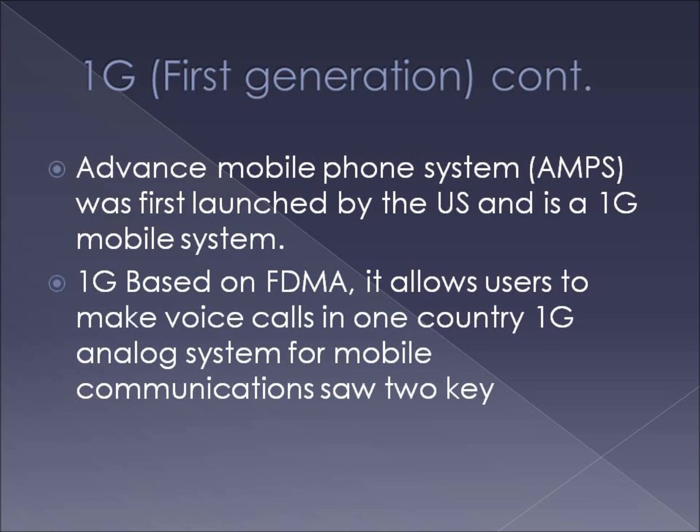The technology used is called FDMA, which allows users to make voice calls or phone calls within one country. Today what we are using is connected worldwide. Making calls outside the country is as easy as it sounds. It wasn't possible back in the 70s.